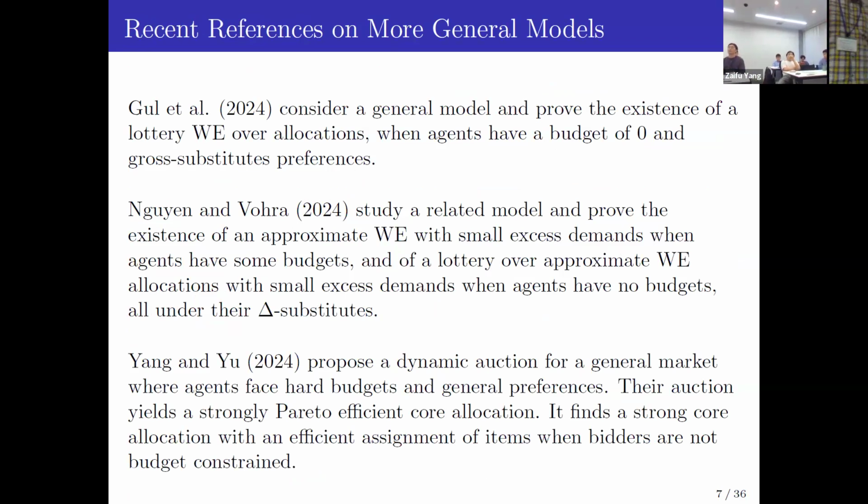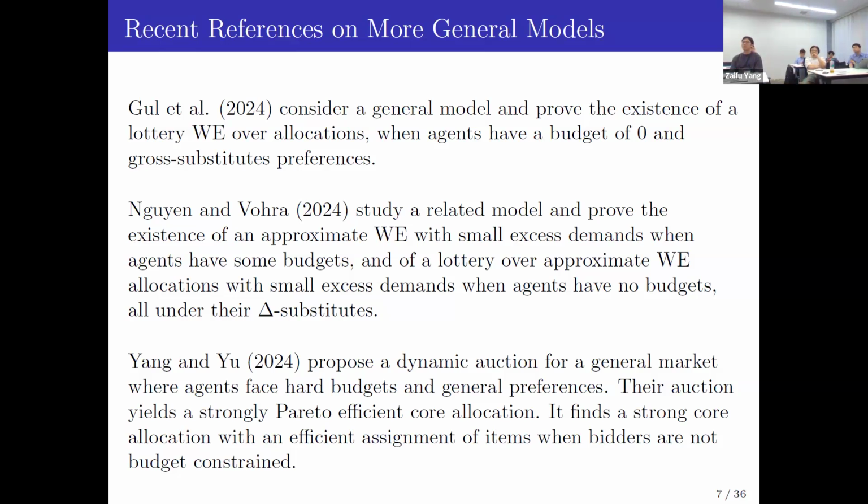They consider a quite general market, and the agent can demand several items, but they don't have a budget, and they can prove that under gross substitutes preference, there exists a Walrasian equilibrium.